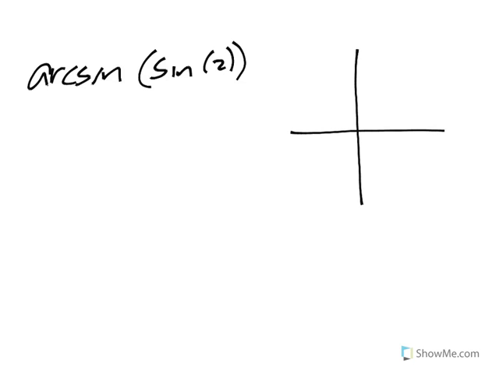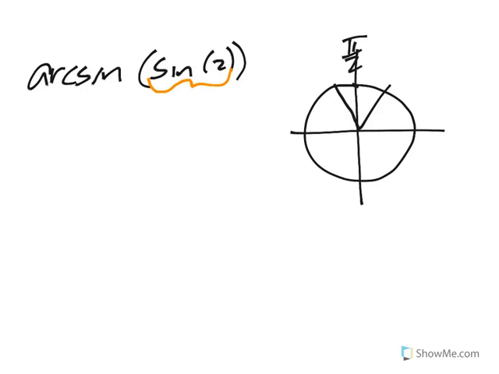So the final one I'm going to look at for this series is the arcsine of the sine of 2. I start looking at that and I go, okay, so I need the sine of 2. Let me start with the sine of 2. 2 is about, let's see, 1 radian is here, another radian is about, π/2 is approximately 1.5, so maybe there.